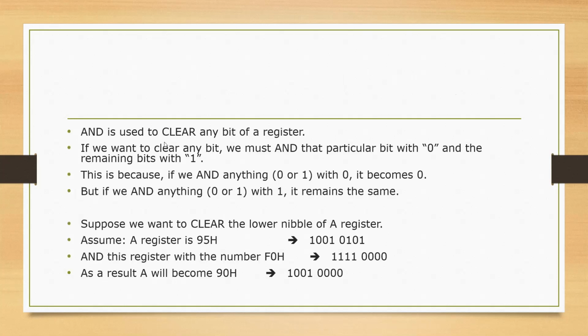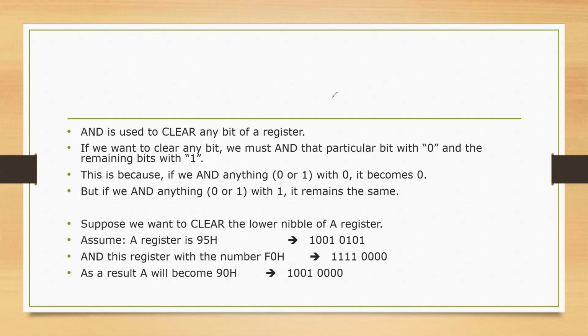So AND is used to clear any bit. The alternate function of an AND gate is to clear any bit of a register. If we want to clear any bit, we must AND that particular bit with 0. You know that when we AND a particular bit with 0, you get the answer 0.